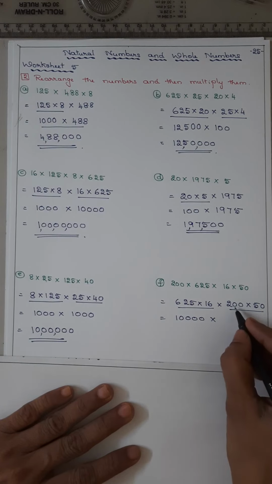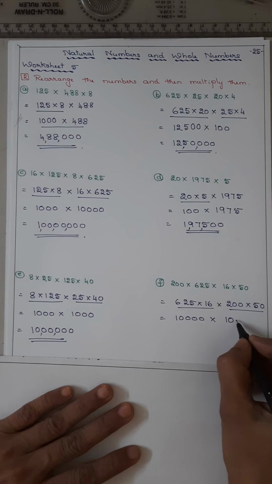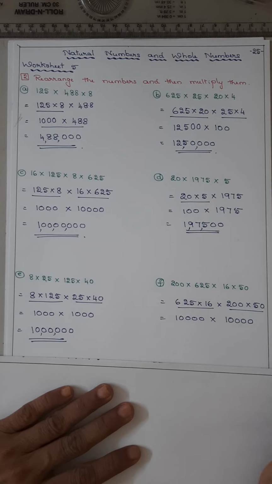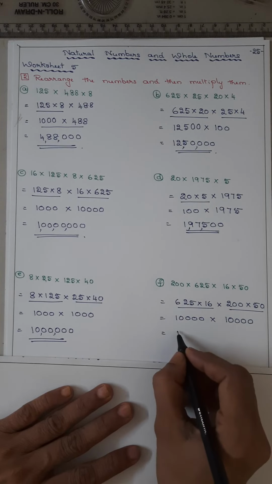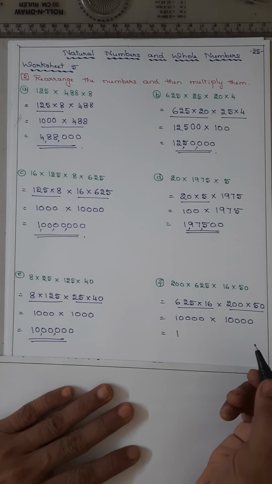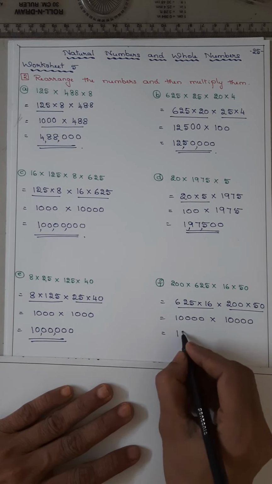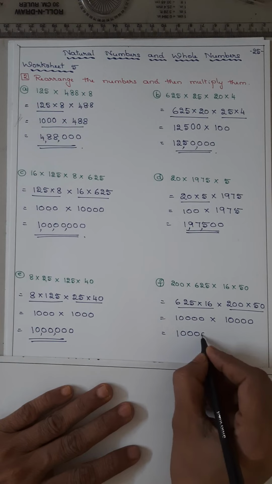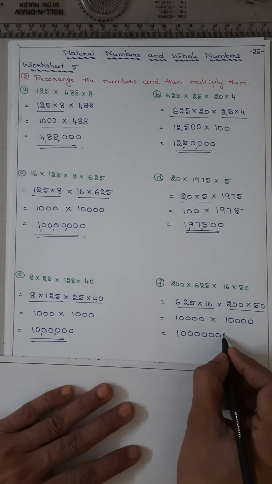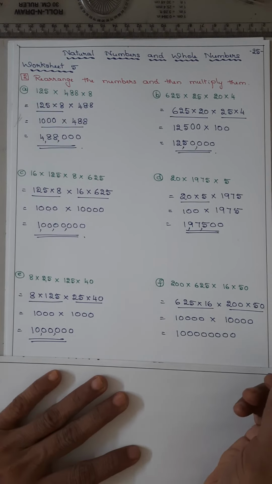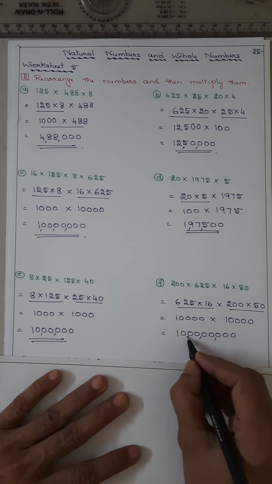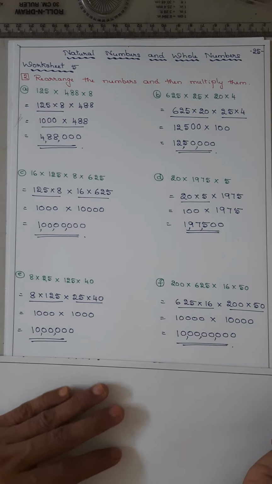Now 2 5s are 10. 1, 2, 3. So 1 and now how many zeros? 1, 2, 3, 4, 5, 6, 7, 8. So it will be 10 crores.